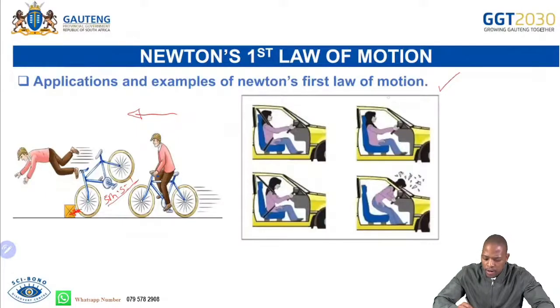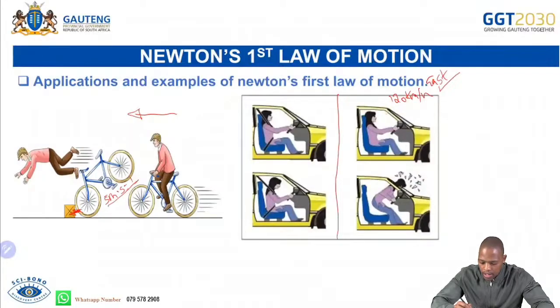Cars will be covering 120 kilometers per hour, right? That's a large amount of velocity that the car is moving at there. So let's say here's the car moving with a velocity of 120 kilometers per hour east, maybe, right? If you look here in these two scenarios, in scenario one, we have a lady there driving a car, and the lady is not wearing a seat belt, right?